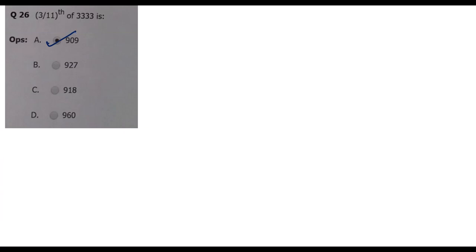Very good. If it is 3 by 11 of, meaning multiplication, it will be 303 times 3, which is 909. It will take hardly 20 seconds for a student to answer this. Right, so this is question number 16.